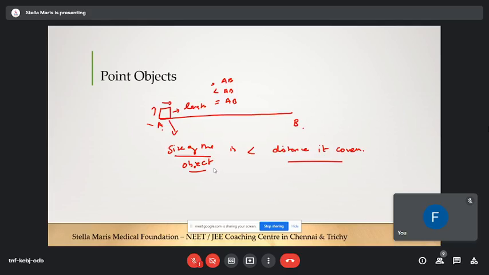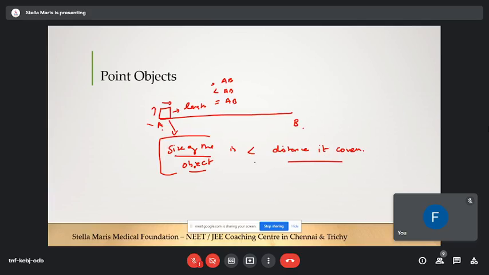The first one is a railway carriage moving without jerks between two stations. So the object we are talking about here is a railway carriage. B, a monkey sitting on top of a man cycling smoothly on a circular track. So the monkey is the object here.